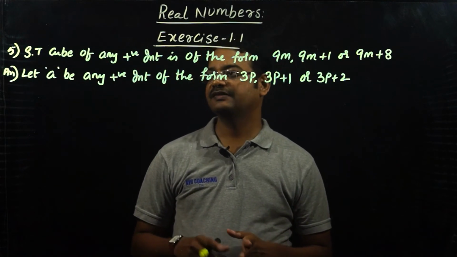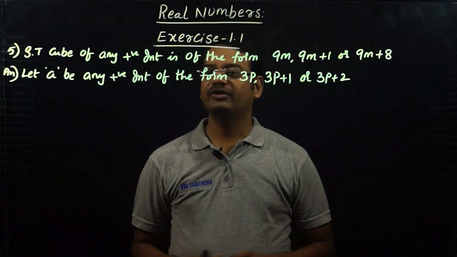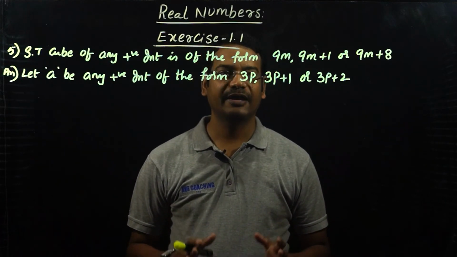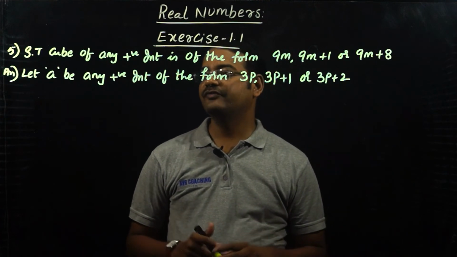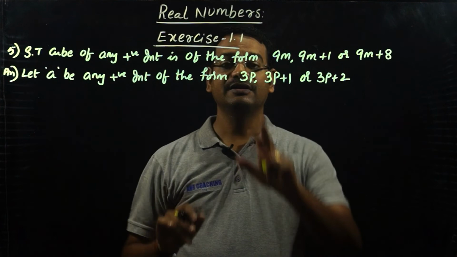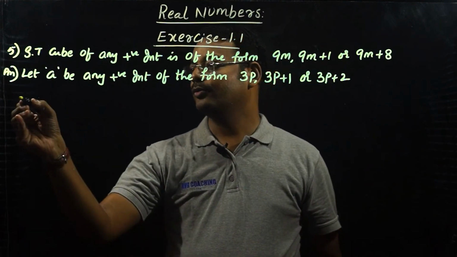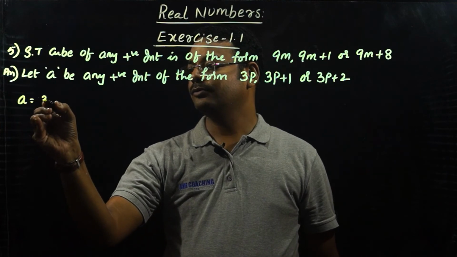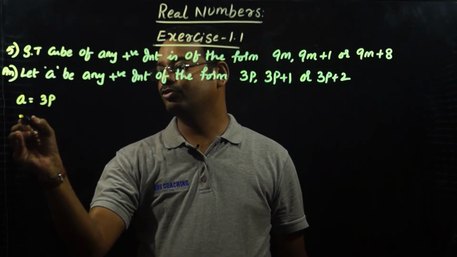Fifth problem of exercise 1.1, Real Numbers. Show that the cube of any positive integer is of the form 9m, 9m plus 1 or 9m plus 8. So here we will assume that A is any positive integer of the form 3p, 3p plus 1 or 3p plus 2. Now A equal to 3p. Since he is asking us the cube, we will cube it on both sides.